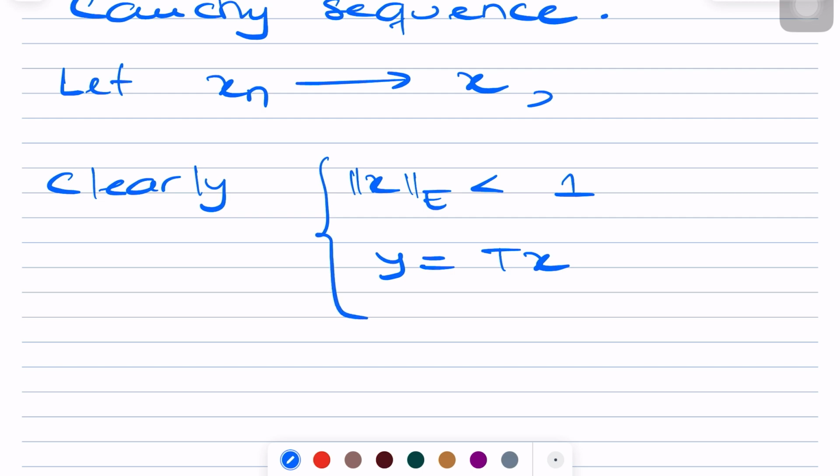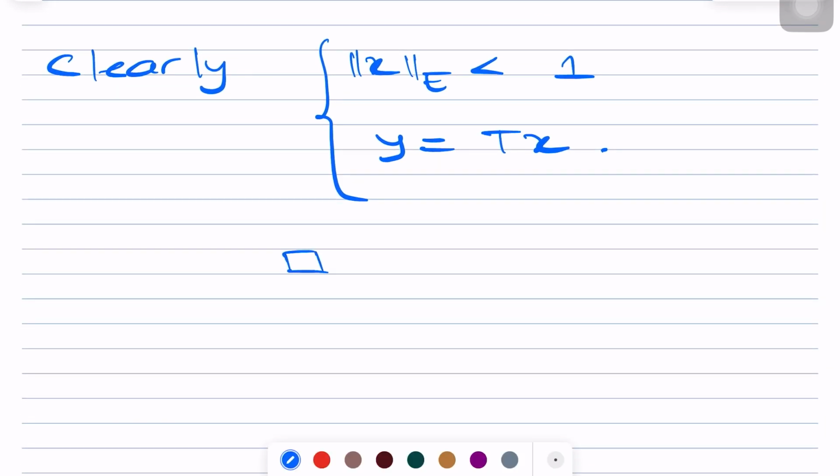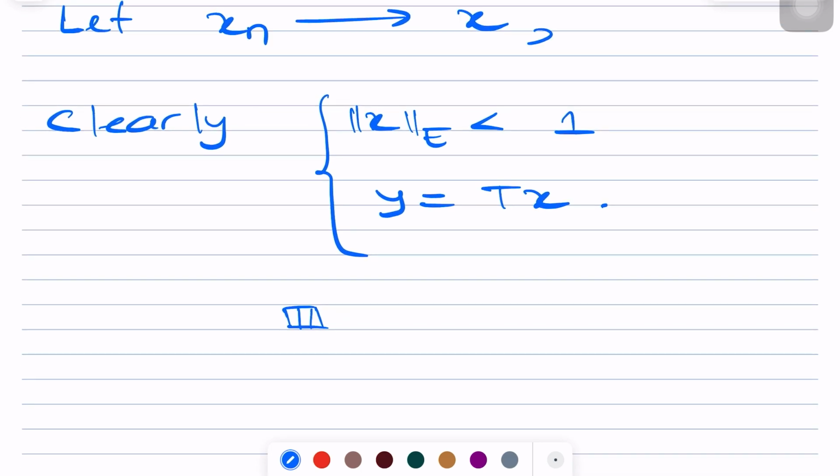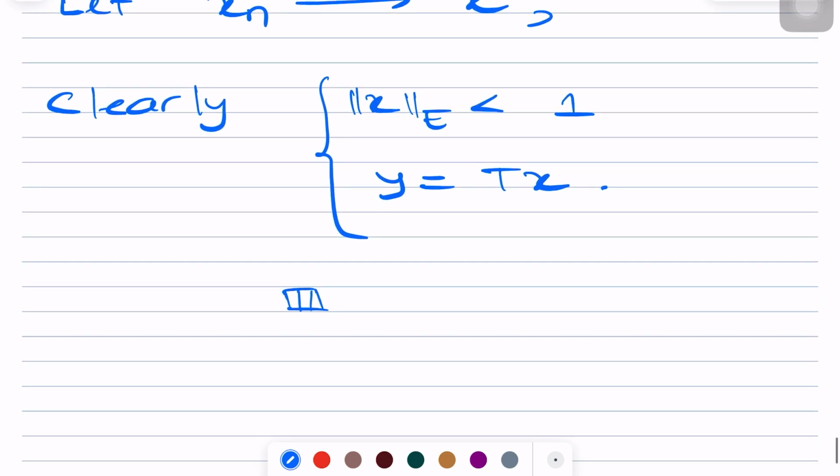Well, you can check that. So we're done. We actually proved the open mapping theorem.